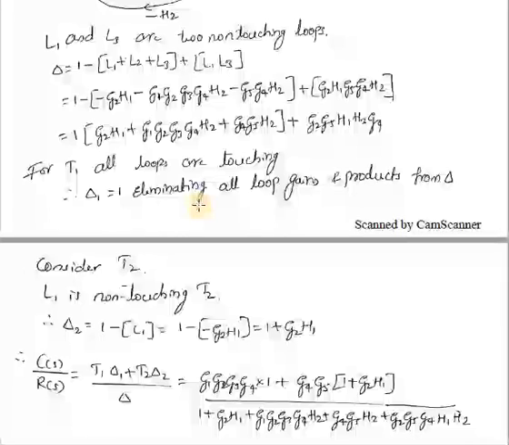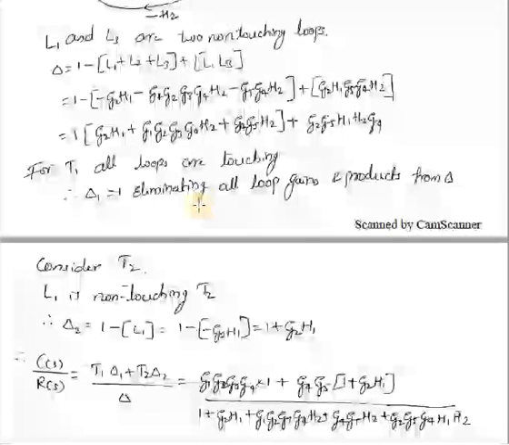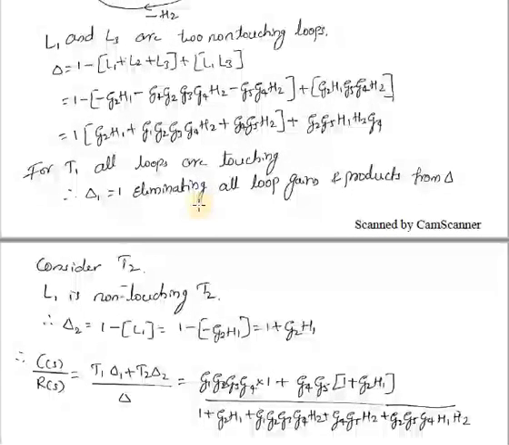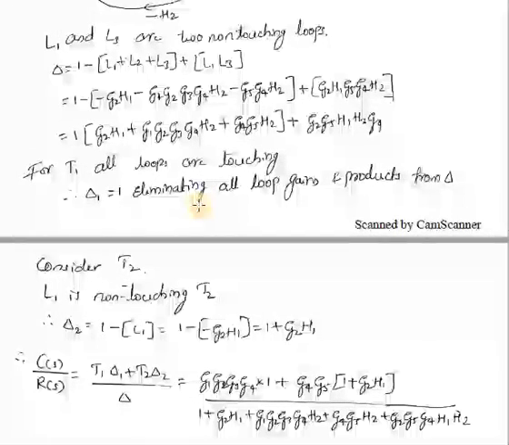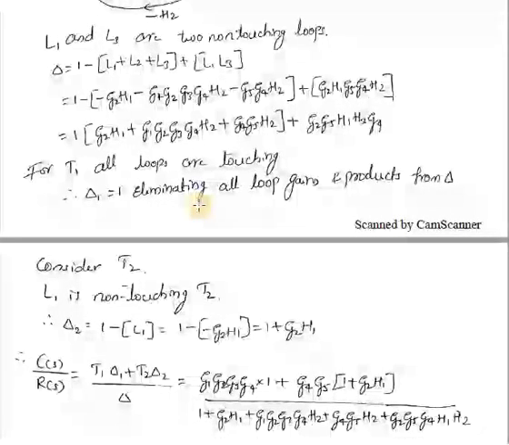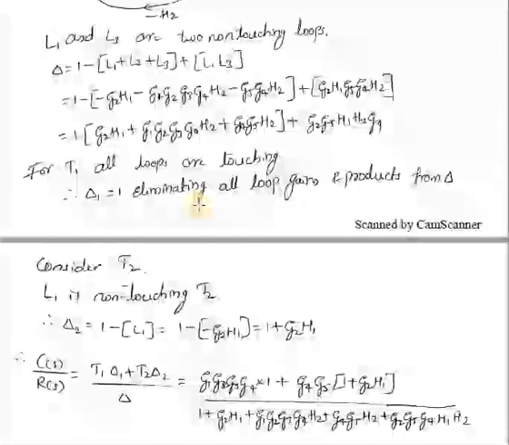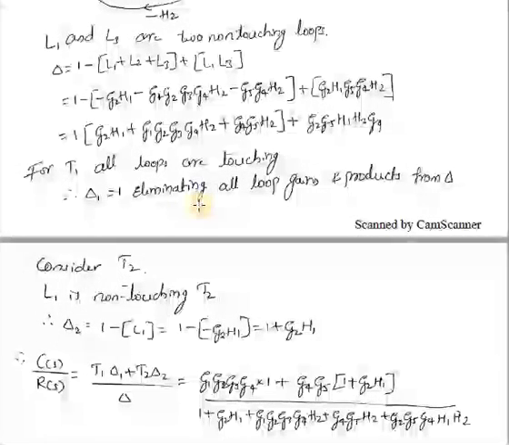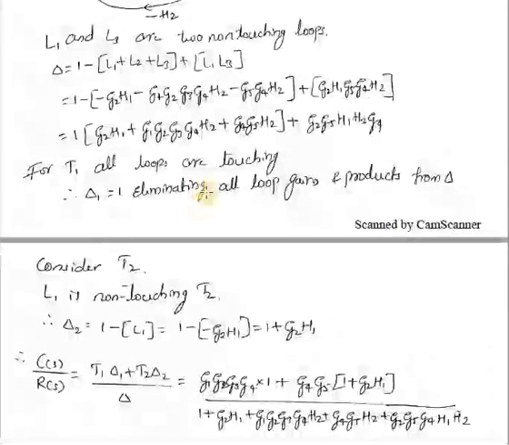Then identification of the two non-touching loops and three non-touching loops, that is the combinations. Then you have to write the Mason's gain formula. Then you have to write the equation for delta, and while determining the value of delta 1 or delta 2 or delta 3, you have to eliminate the associated loop gains in that delta.